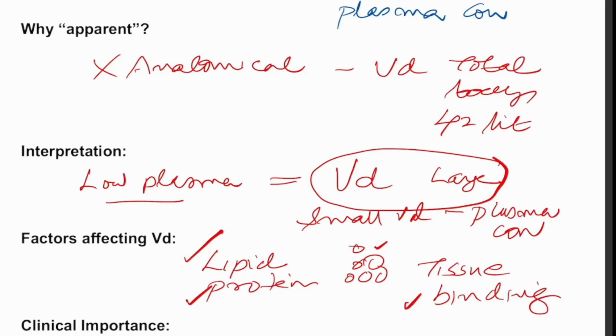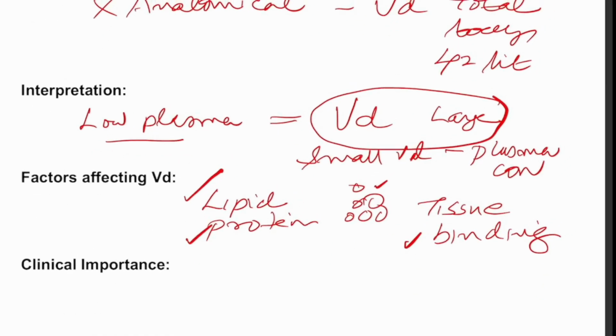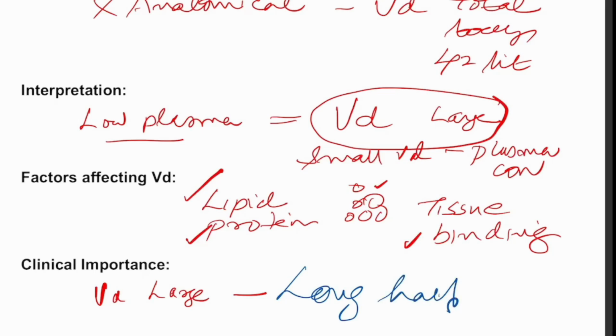What is the clinical significance of this? When the volume of distribution is large, the drug has got a long half-life, because it is distributed throughout the body, and you require a loading dose.